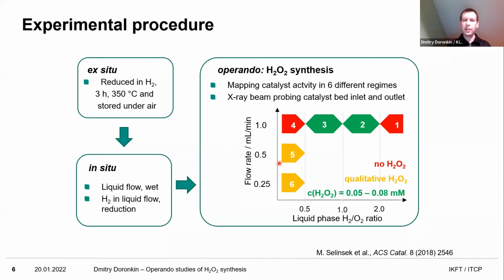Since we did not know exactly in which regime we are going to have the highest production of hydrogen peroxide, we went for different residence times, so different flow rates relative to the amount of catalyst, and different hydrogen to oxygen ratios. Most of the pre-studies, also in literature, are done in batch.